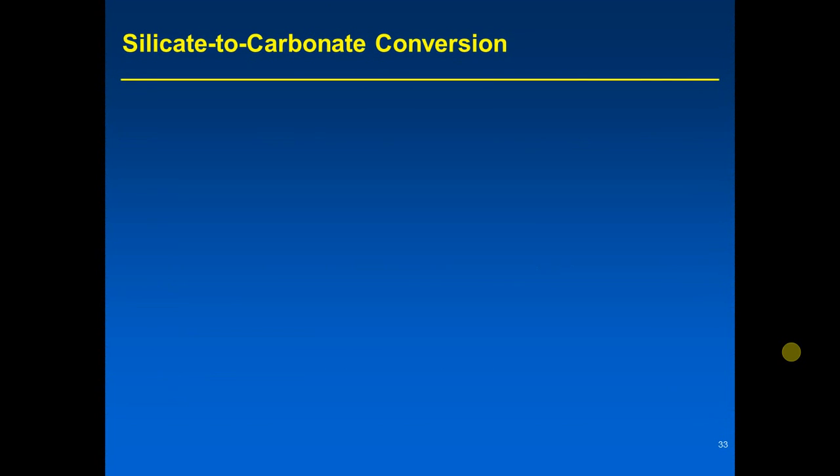Okay, so there's 3 phases of the silicate to carbonate conversion process, which is the first main component of the long-term carbon cycle. Okay, let's discuss them. Number 1, the chemical weathering phase. So remember how we kind of said chemical weathering or the silicate to carbonate conversion process as the first major component of the long-term carbon cycle?